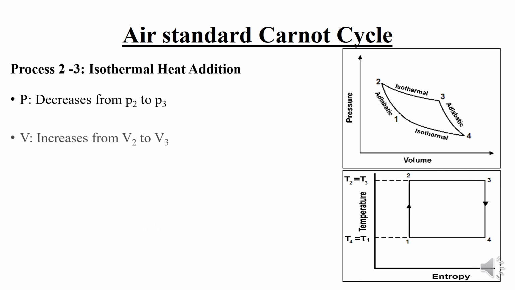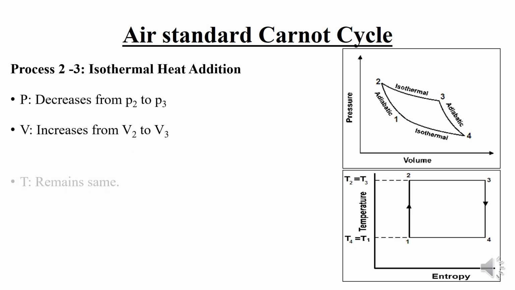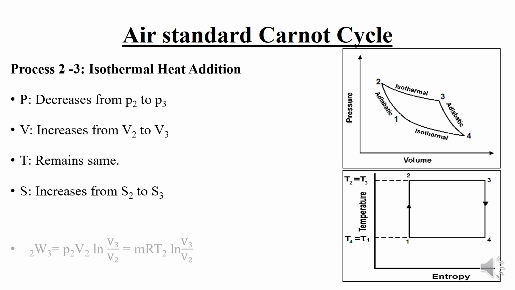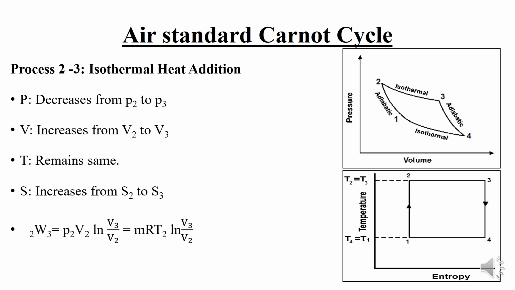Now the process 2 to 3 is the isothermal heat addition process. During this process pressure decreases from P2 to P3, volume increases from V2 to V3, and temperature remains constant because it is an isothermal process, whereas entropy increases from S2 to S3. What about the work done during this process?